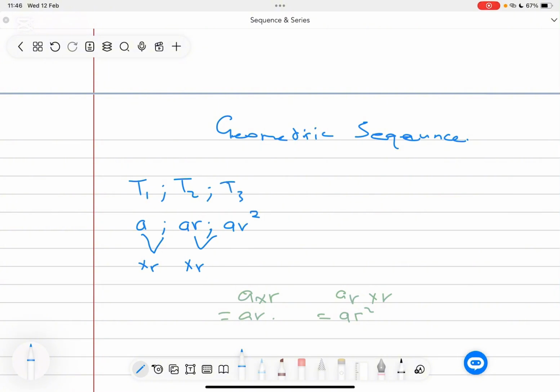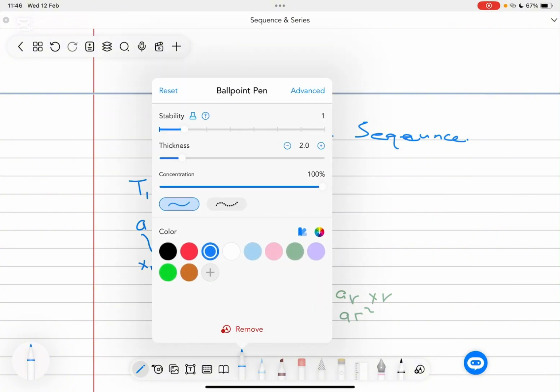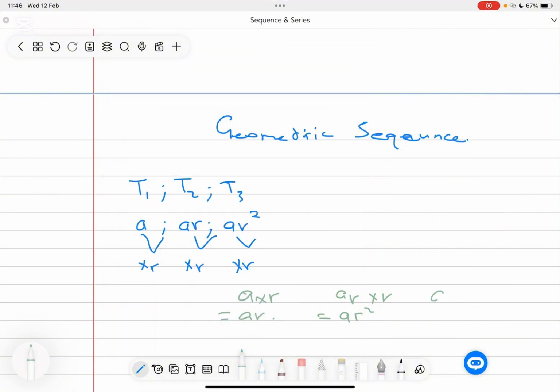And we can continue doing the same operation, so that we multiply by the same constant number R. And now we have here AR squared, which is term 3. Then we're multiplying it by an R. You multiply this by R. And now we're going to have A. And again here I keep the base and add the exponents.